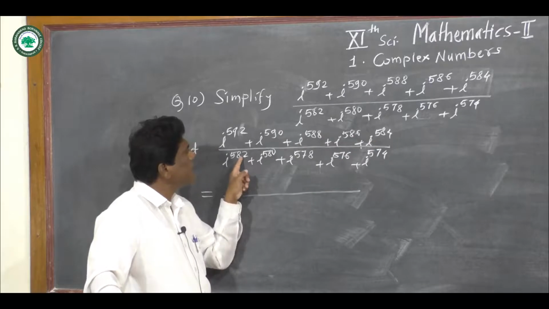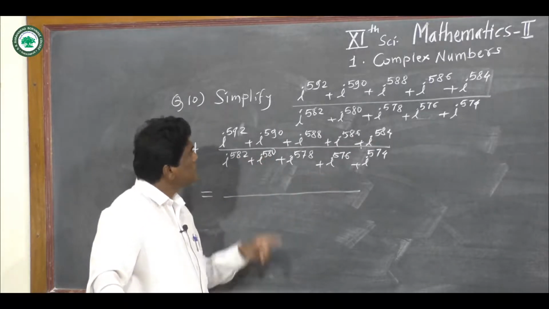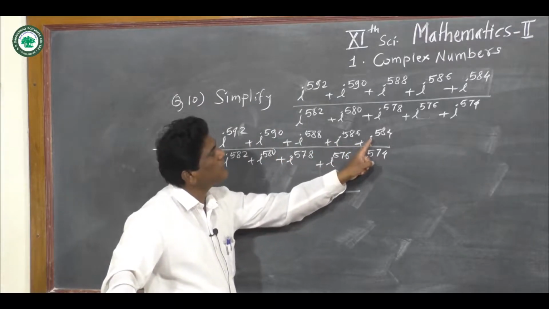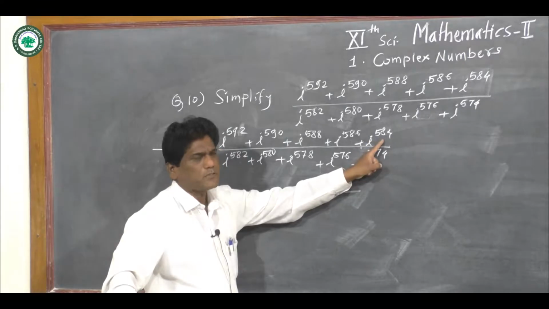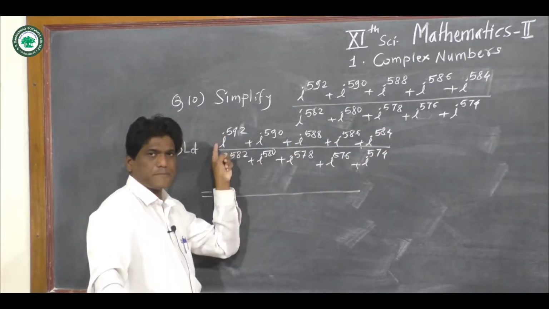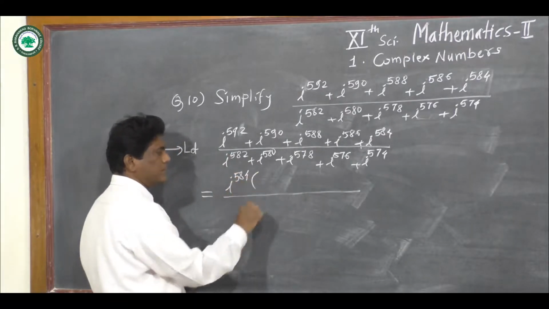In the denominator also, 82, 80, and the powers decrease by 2. So the lowest power of i in the numerator is i^584, so we take i^584 common.